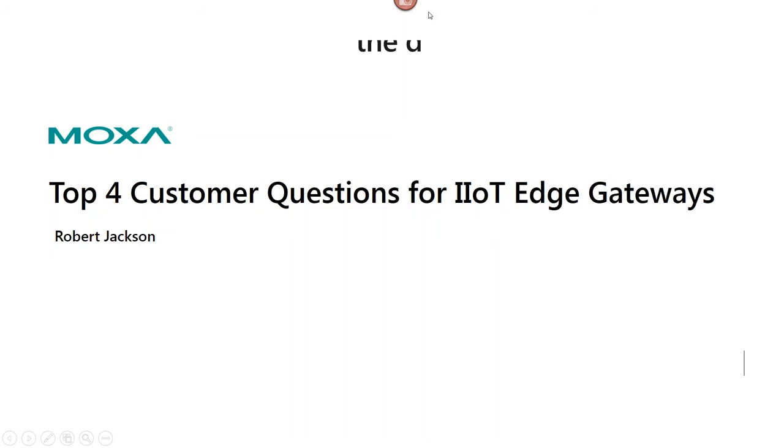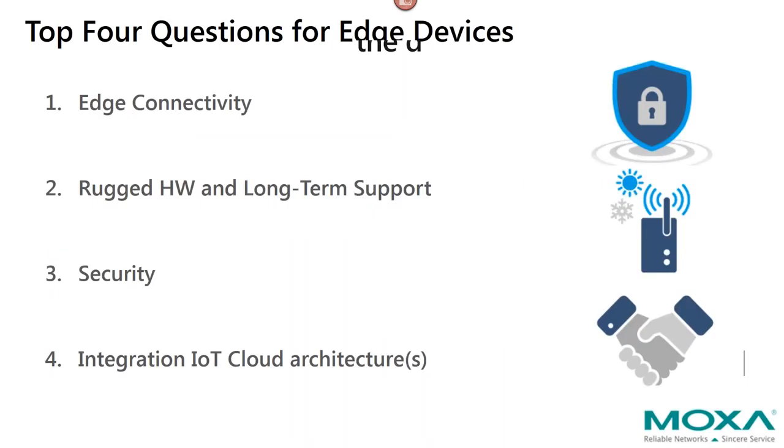I would now like to talk about some of the top challenges, or to be fair, customer questions we often hear when we're speaking with industrial customers and our distribution partners. Although we get many questions around this new technology, 4 common questions seem to always emerge. The first is, how do we enable edge connectivity to different protocols and sensors?